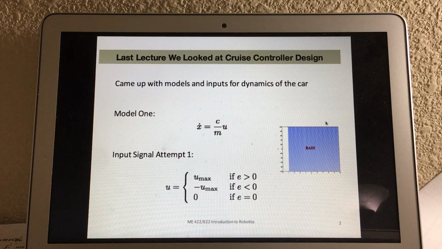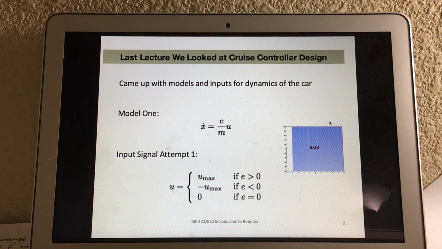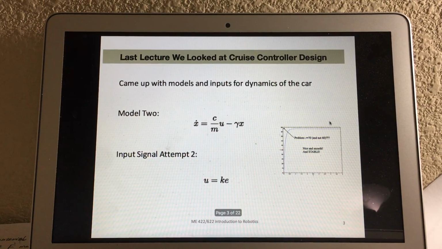Or when the error is smaller than 0, we put it on the other side. And when the speed of the car reaches the reference value, there's no input. We commented that this model on paper works, but in reality, the fast switching of the gas pedal and brake is not good for the car. So this design is not good.